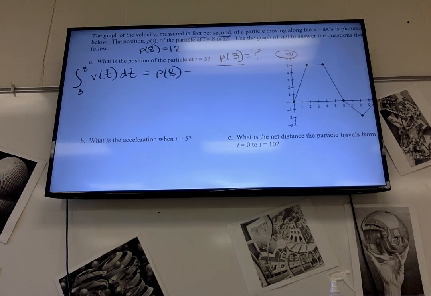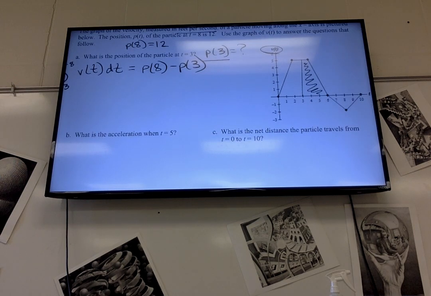P of 8 minus P of 3. I'm saying, that's not right. So we go from 3 to 8, so we have 2 areas to find. A trapezoid. Yes. That is a trapezoid. We have one trapezoid, which is 1.5. She didn't realize it was a trapezoid and then a triangle. I said it was a trapezoid.